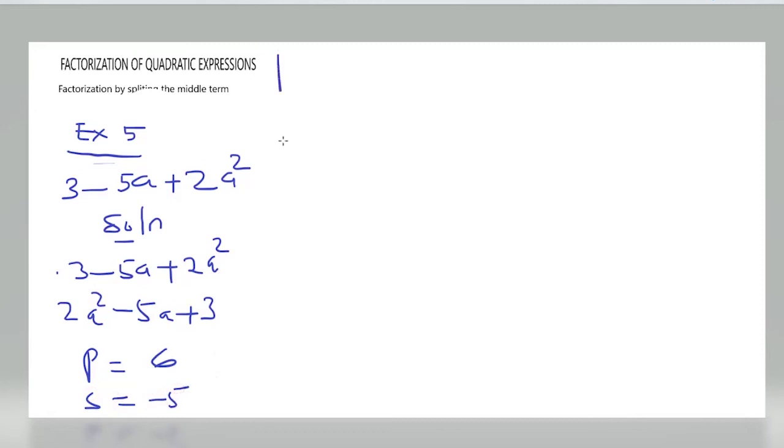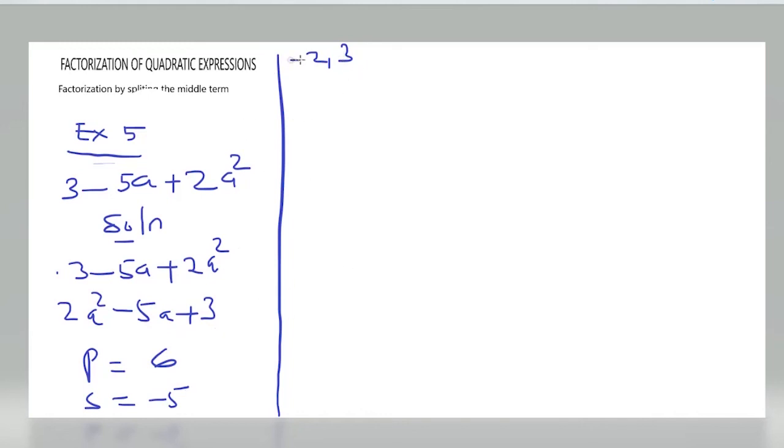Now think of two numbers. When I multiply them, I get 6, and when I add them, I get negative 5. On my side, I have thought of 2 and 3. Okay, then 2 times 3 is equal to 6. It is right. And 2 plus 3 is 5. But 5 is positive, but this one is negative.